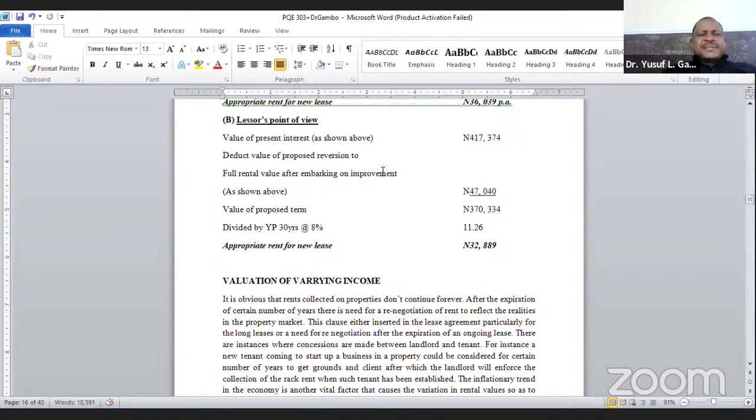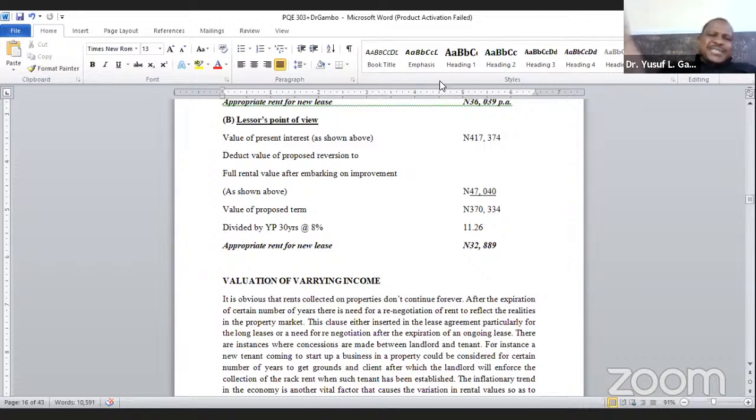We are saying in the valuation, 36,000 naira will be required from the tenant, while the tenant will be demanding to pay 32,000 from the lessor's point of view.